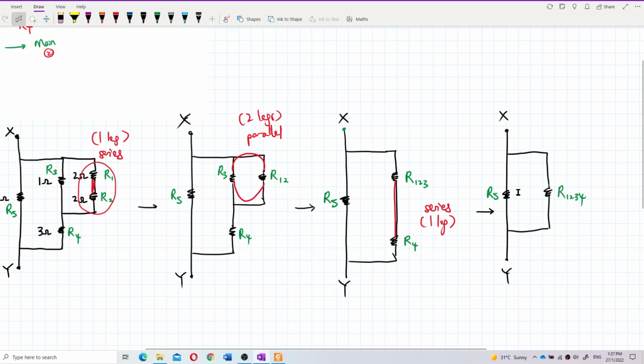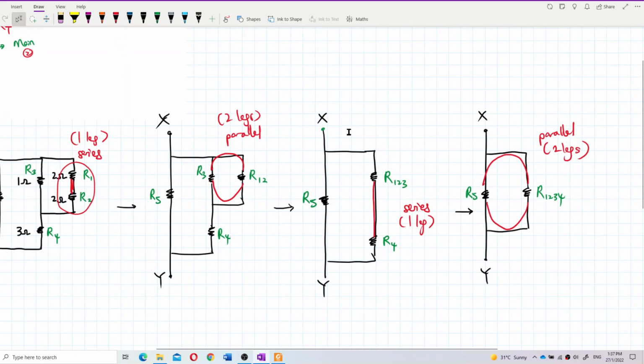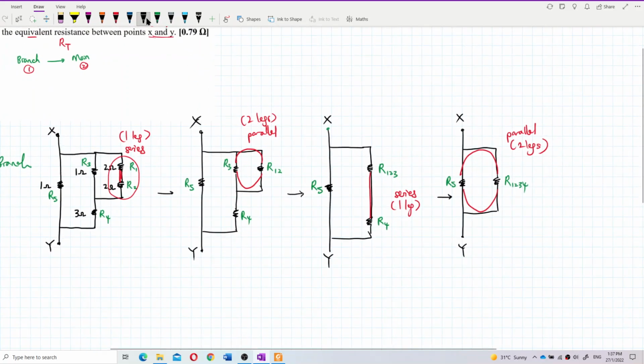So these two are in parallel. Why in parallel? Because they have two legs connection. See that? So in the end, I got only one total resistance, or equivalent resistance, or effective resistance.